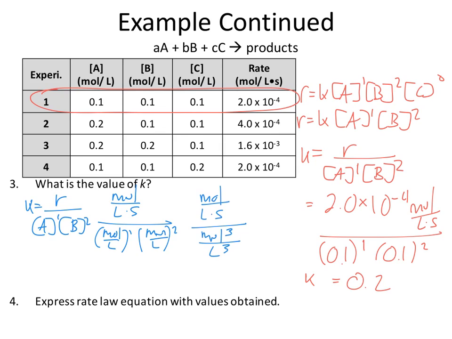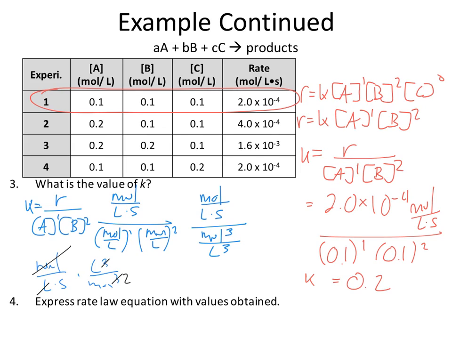Now here we have two divisions, if you will. So we can multiply by the reciprocal. The multiplying of the reciprocal would be mole per liter times second multiplied by liters cubed over mole cubed. Now if we multiply this way, we can cross things out. My mole will cross out here, and this will become a 2.